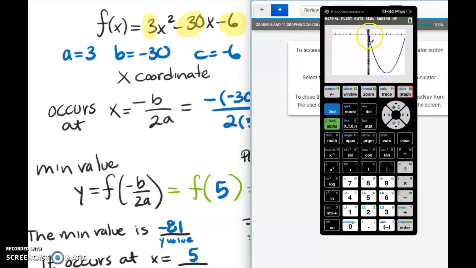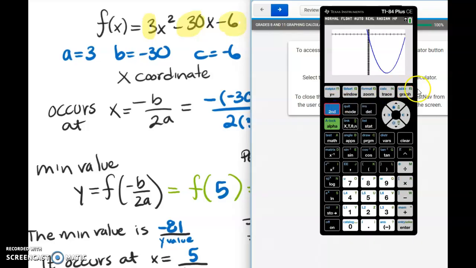And then take a look. About 1, 2, 3, 4, 5. Sorry, I was off. And I look, that looks to be where you see the minimum. So you can kind of get an idea of the domain and range by looking at the graph on the calculator too.